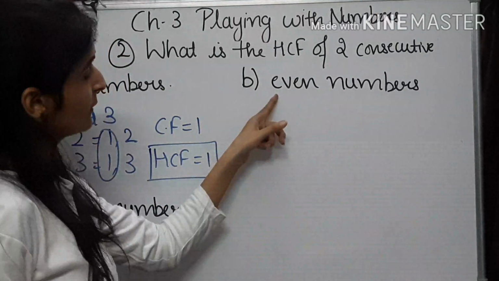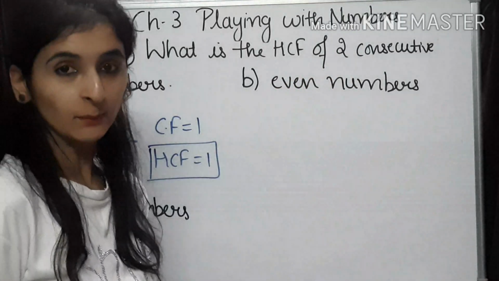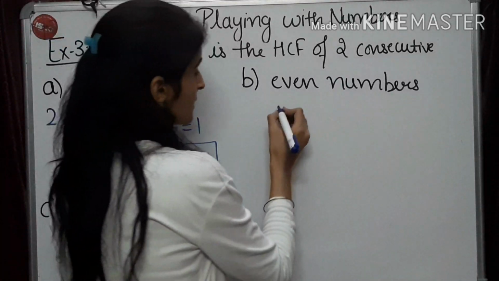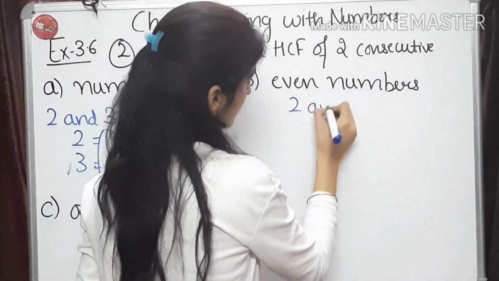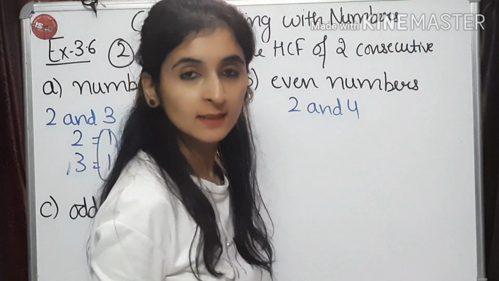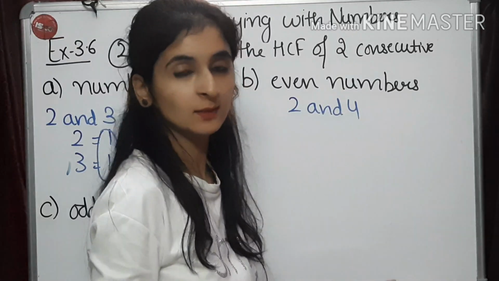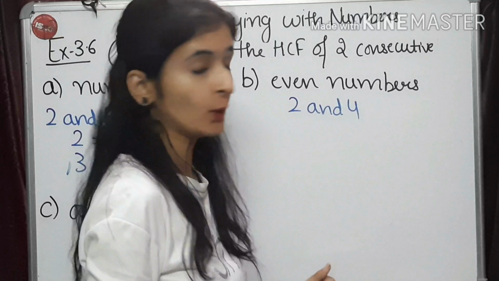Right? Then we have to find out the HCF of two consecutive even numbers. So two consecutive even numbers can be 2 and 4. Likewise, you can take 4 and 6 also, 6 and 8 also. That's your own wish. Clear? So I am taking 2 and 4.